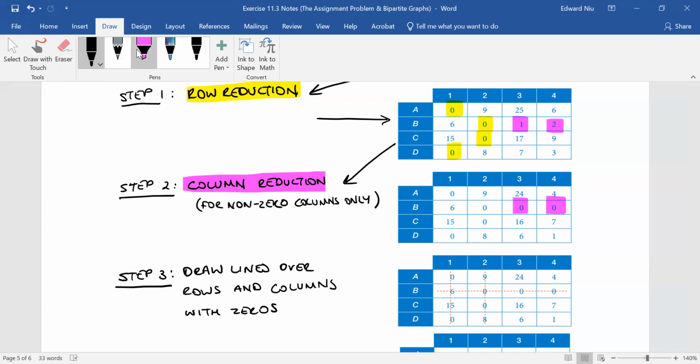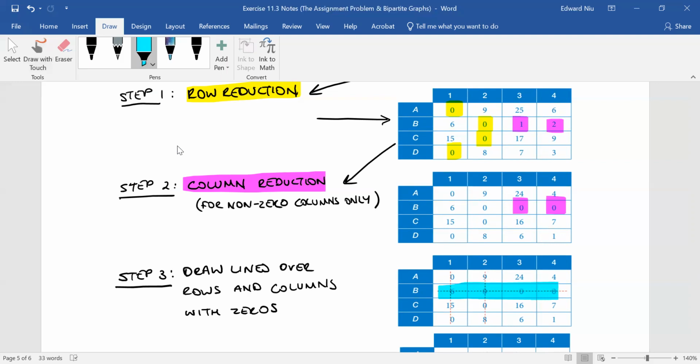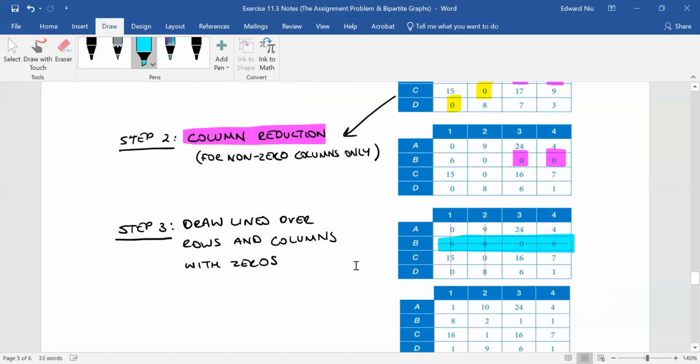I think I used light blue. We've got a row here in B with 3 zeros. Now, if it just has 1 zero, you've got to draw the entire row. It doesn't matter how many zeros it has. If it just has 1, draw a line through the entire row. What we notice is that's it for rows.